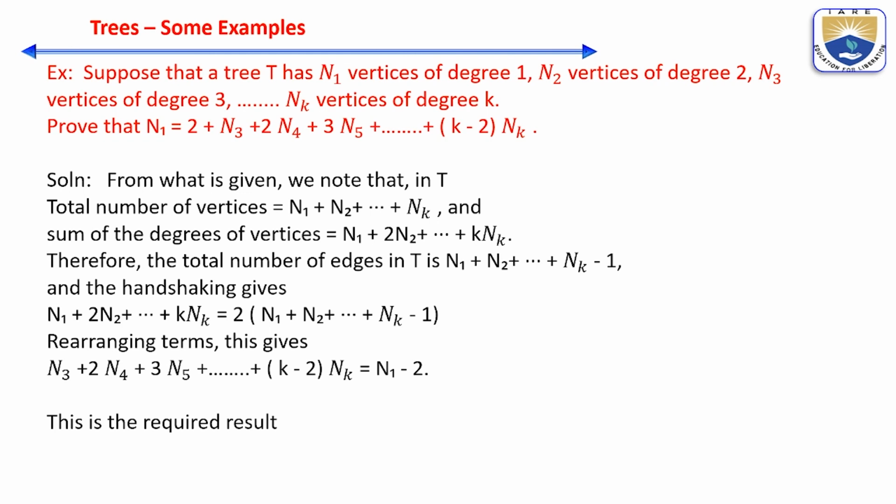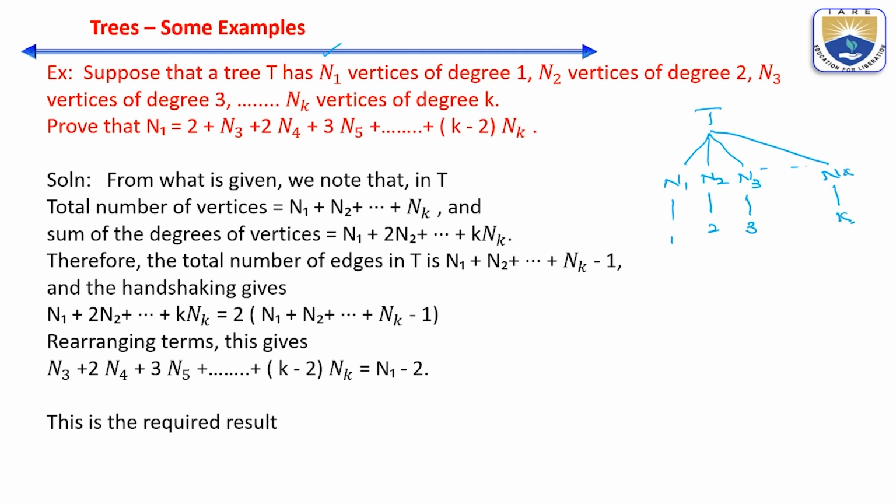Now let us go for the other example. Suppose that a tree T has n1 vertices of degree 1, n2 vertices of degree 2, n3 vertices of degree 3, and so on, nk vertices of degree k.